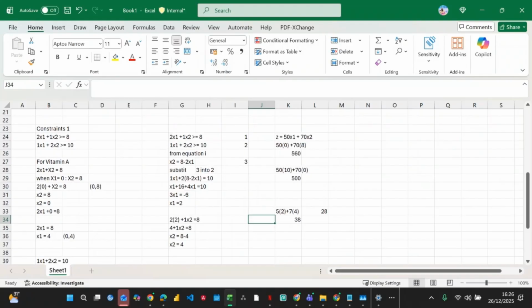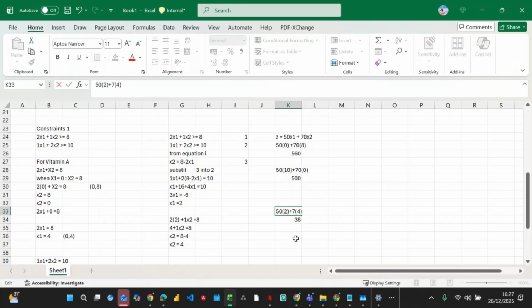Hello guys, are we together? Sorry, I'm confused. We are confused from where? From this 5 in bracket 2 plus 7 in bracket 4.